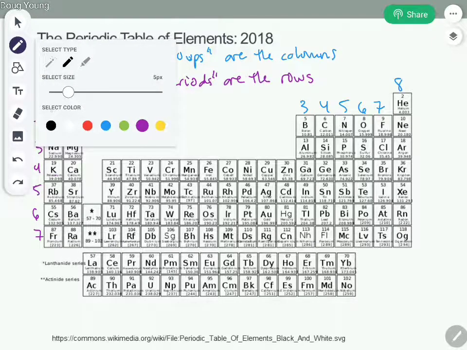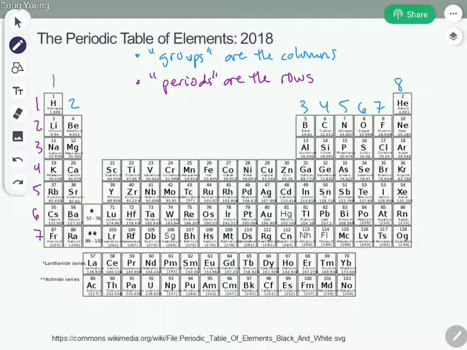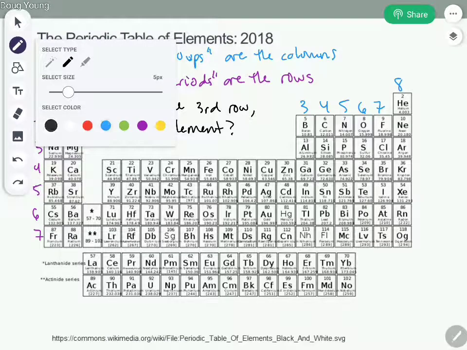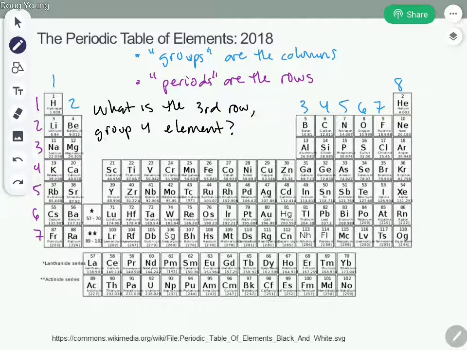Sometimes you'll see in books or online or practice questions like, what is the third row group 4 element? And when they're asking that, they're asking about group 4.